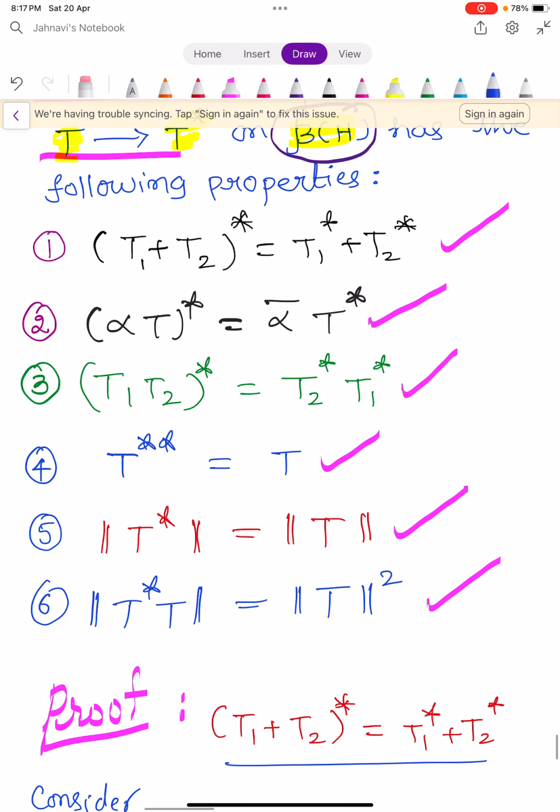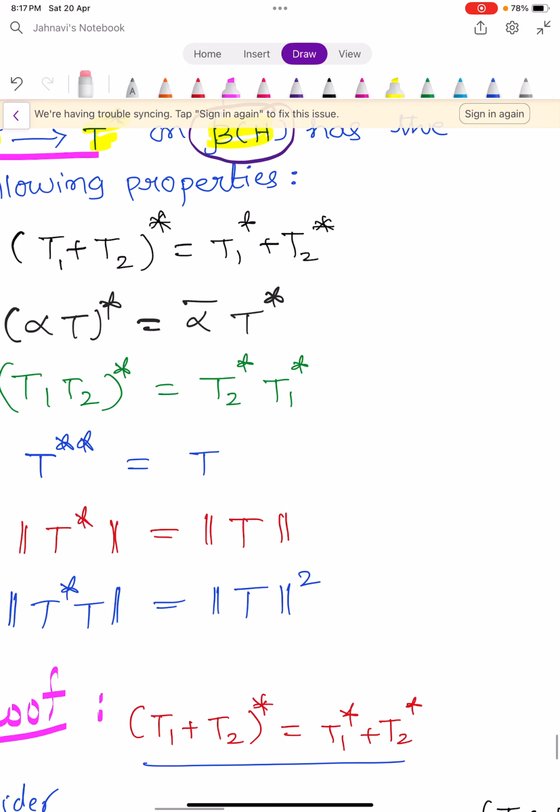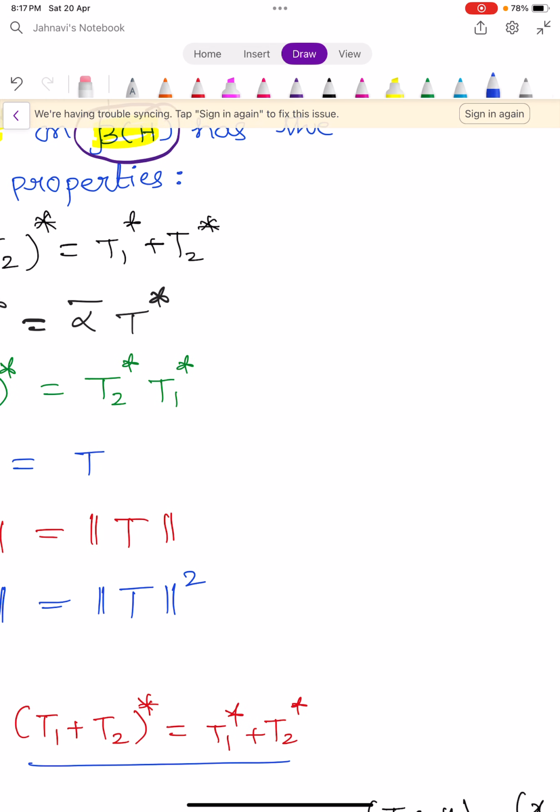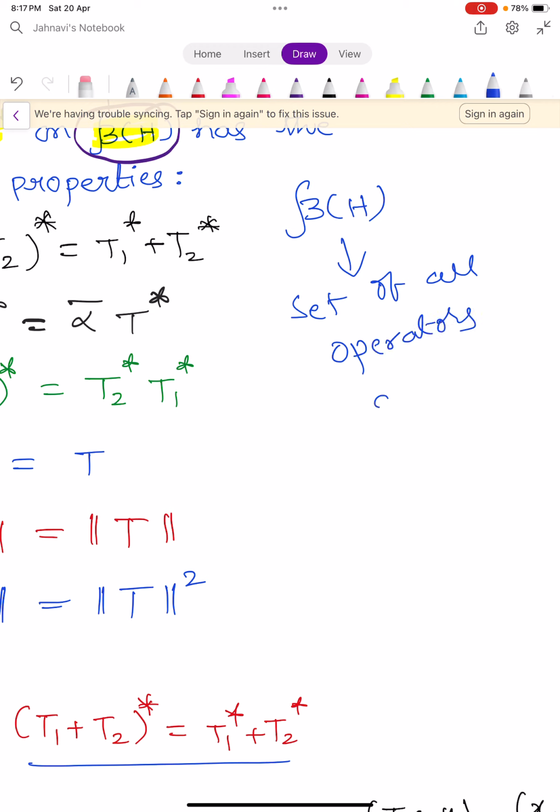Everybody simply remember these properties, but the important thing you have to remember is the symbol script B of H. This is the set of all operators defined on a Hilbert space capital H. This is one example and one symbol you have to learn.